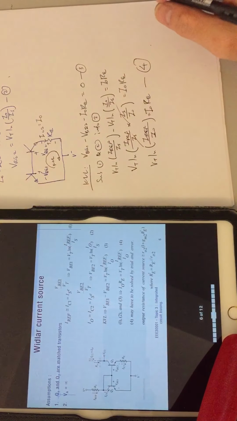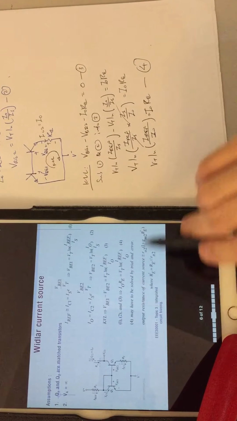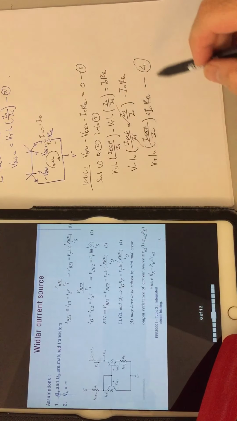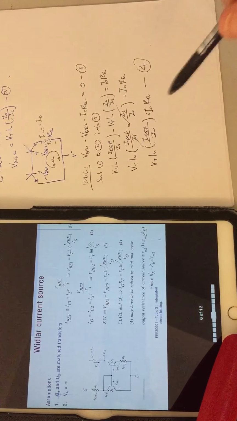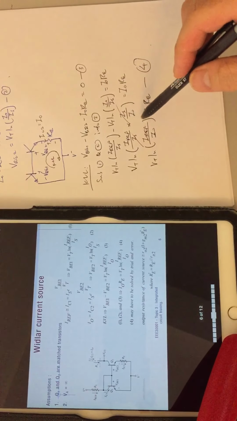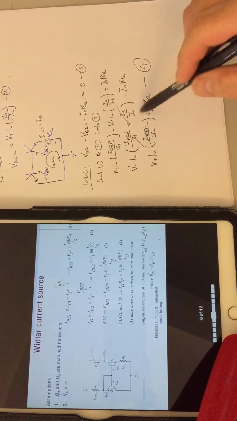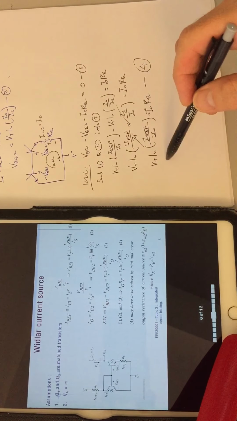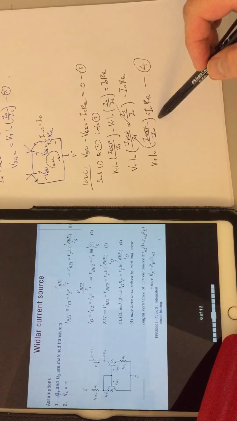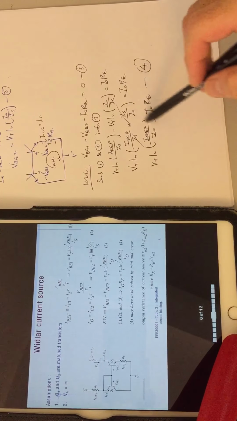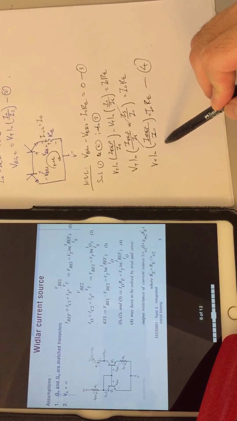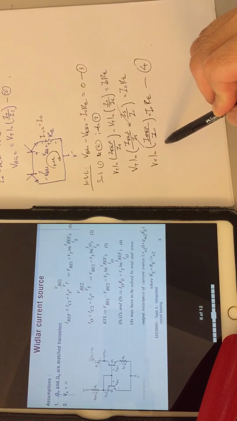To solve this equation, we have to use the trial and error method. The best way is we may solve this graphically. We just let the expression on the left hand side of the equation be a curve, and the right hand side of the equation be a straight line, and find out the intersection point that will give us the output DC current.